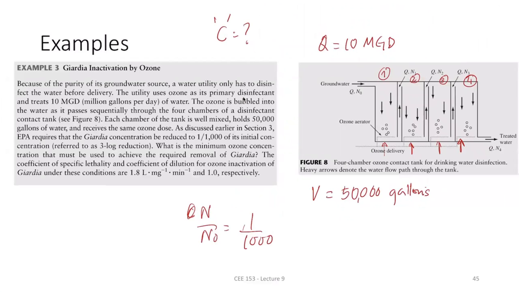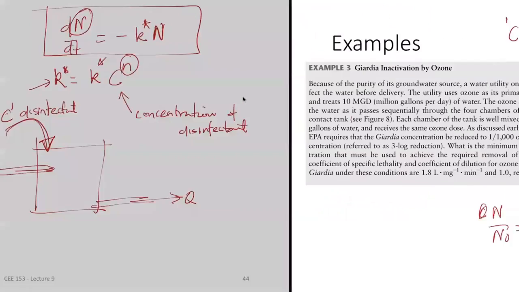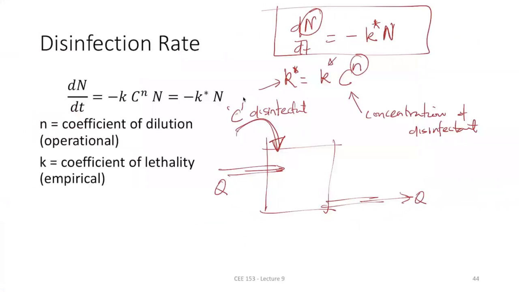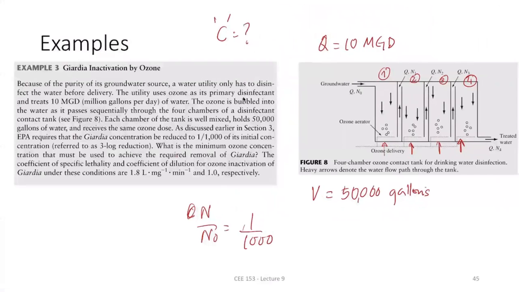And the second question: the coefficient of specific lethality and coefficient of dilution of ozone inactivation of Giardia under these conditions are 1.8 liter per milligram per minute and 1 respectively. So I also gave you the K value, this K and n. So K is given as 1.8 liter per milligram per minute, and n, the dilution, is 1.